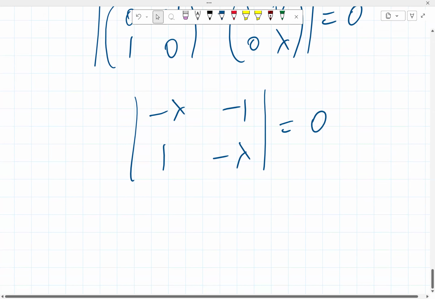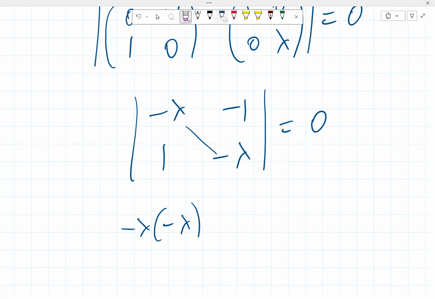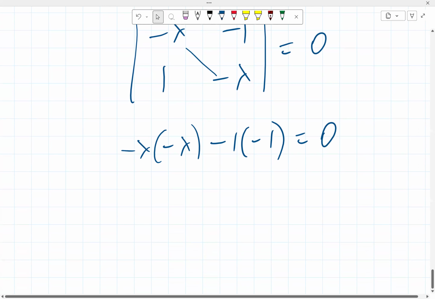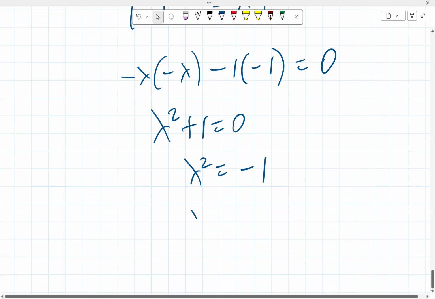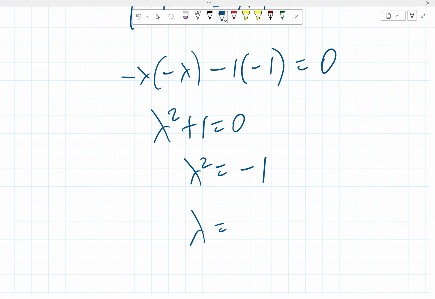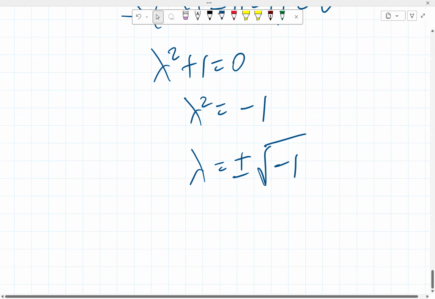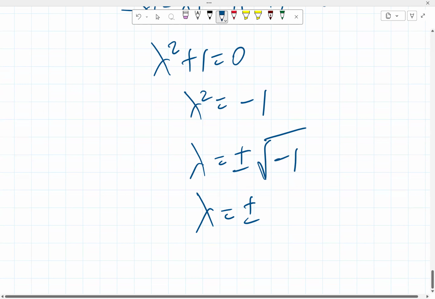Now if you multiply this, you have minus lambda into minus lambda, that's lambda squared, then minus 1 into 1 gives minus 1 times minus 1, so lambda squared plus 1 equals 0. So lambda squared is equal to minus 1. So lambda is plus or minus the square root of minus 1, and the square root of minus 1 is i. So lambda is plus or minus i.